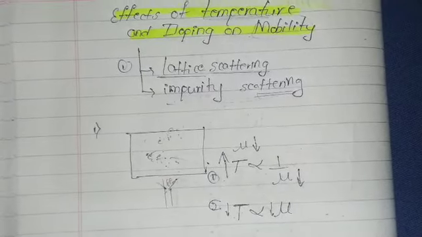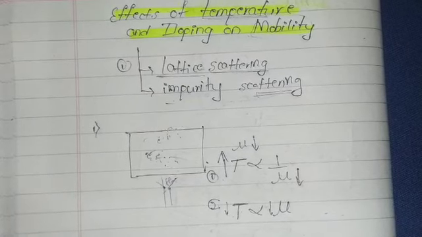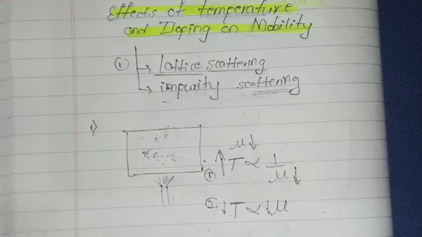Now let's draw the graph of temperature versus resistivity and conductivity. Temperature versus the resistivity, that's rho.